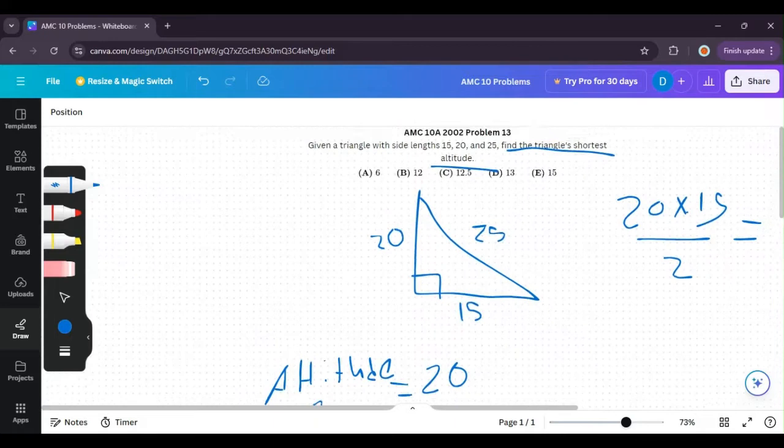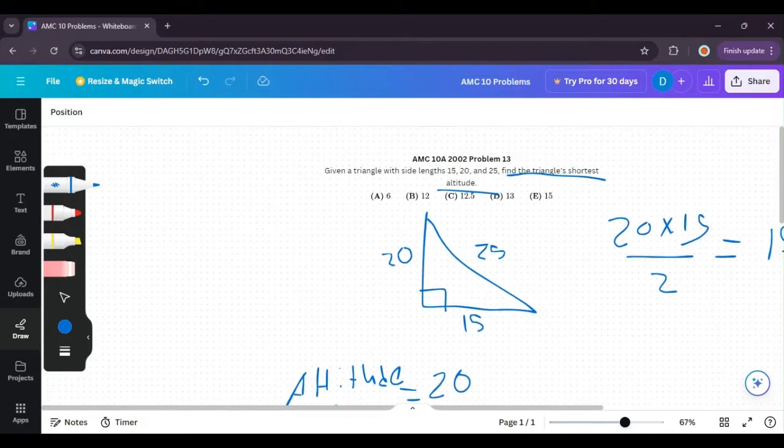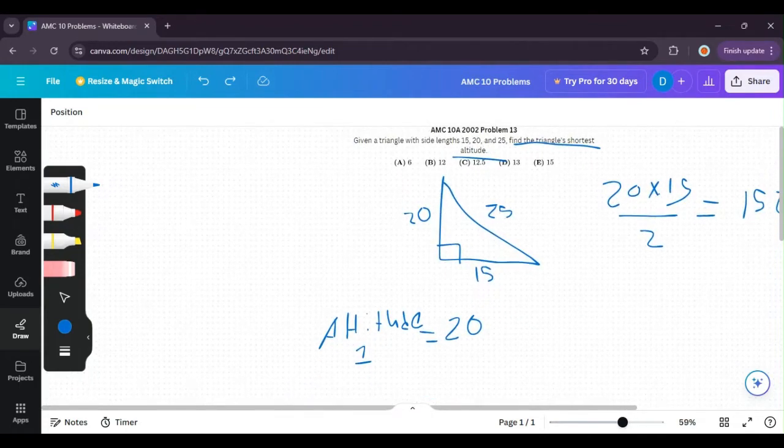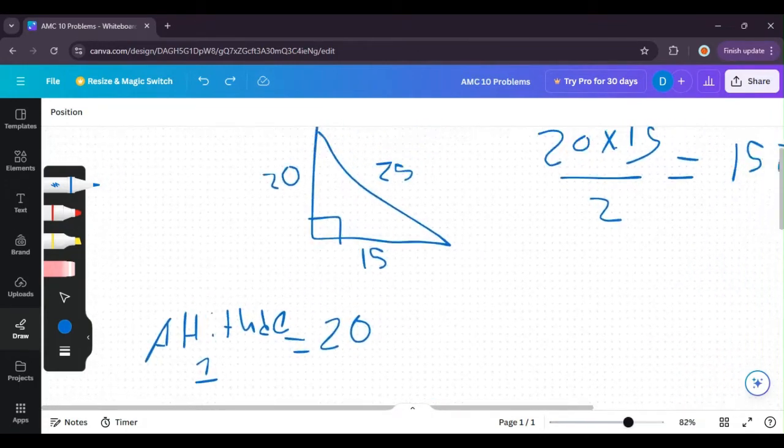And for those of you who don't know, altitude is basically a fancy word for height. So the height of the triangle, or anything perpendicular to the base, a line perpendicular to the base. So we can see that altitude 1 is equal to 20.